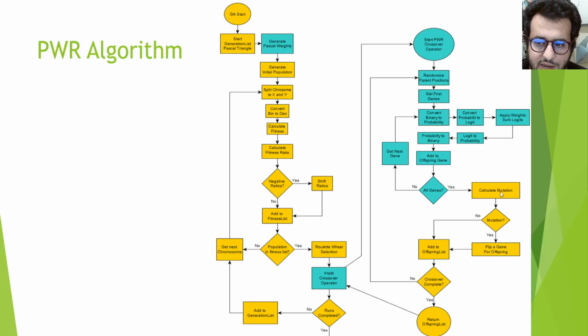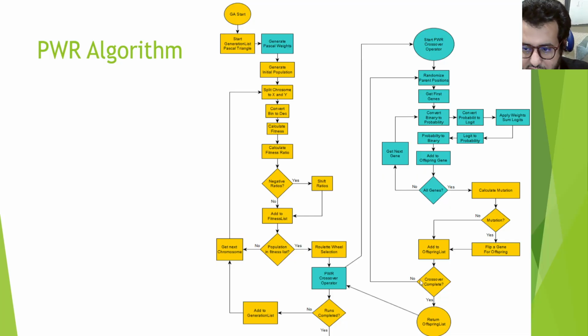At this point, this repeats the rest of the genetic algorithm that I already showed with the 2 parent one. So calculate the mutation, get a mutation if there is one, flip a gene if not, just add it directly to the offspring list. If the crossover is not completed, then we can repeat this process.